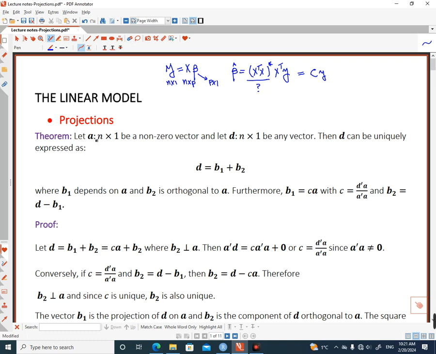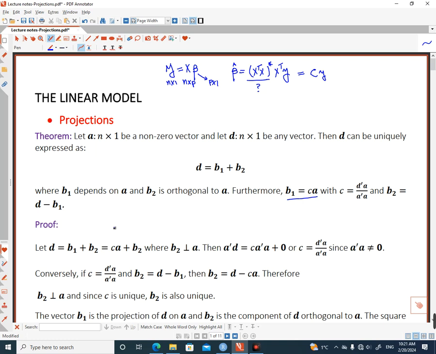It says that if we are provided with a vector n by 1, a non-zero vector with non-zero elements, and we also assume D is an n by 1 vector, any vector, then D can be uniquely expressed as B1 plus B2, where B1 only depends on A, which is equal to CA, and B2 is orthogonal to A, and we can find this C by this formula, and simply B2 is D minus B1.